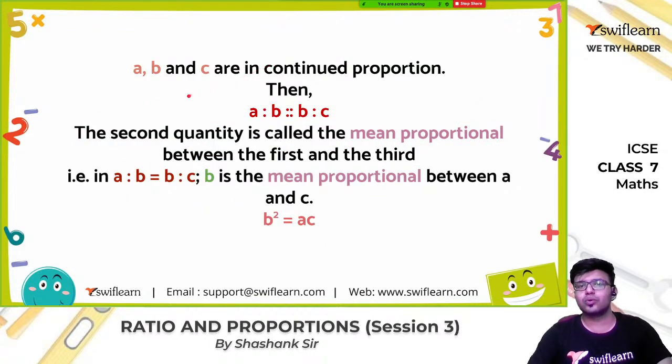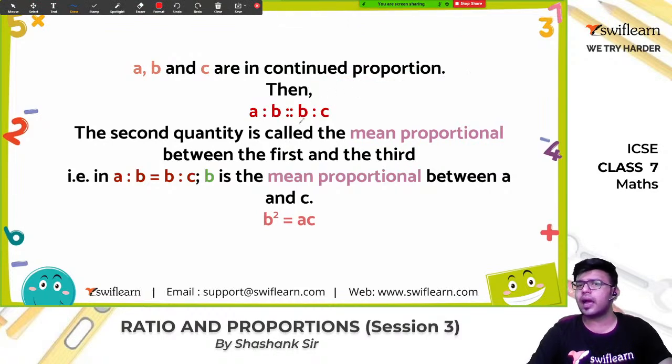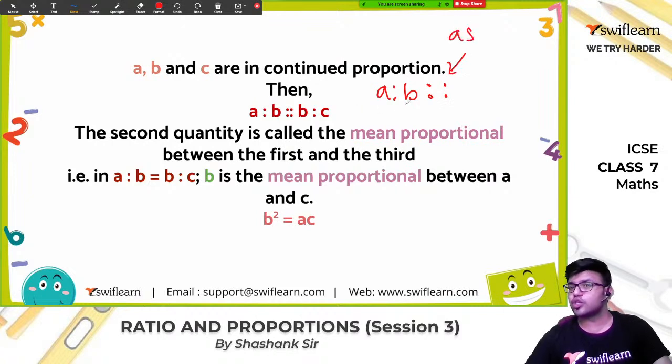Okay. So next question, Vatsal, I'm going to ask you. देखो यहाँ पे ध्यान दो. If A, B and C are in continued proportion, then we can write like this: A is to B as B is to C. Vatsal, how to read this? A is to B, the four dot is read as, A is to B as B is to C. The second quantity, ये जो second quantity B है, what do we call this as?